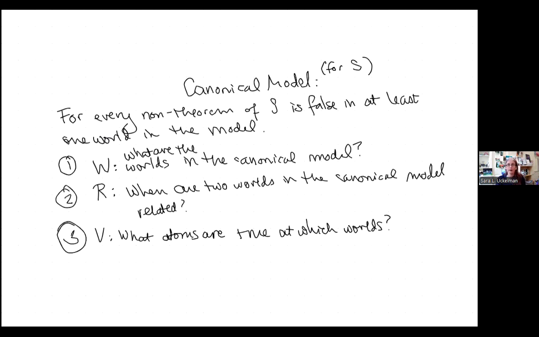Our roadmap is, first we will define what the worlds are, then we will define how they are related to each other, then we will define the valuation, and then we will show that for particular types of systems, this model has a specific property which allows us to prove completeness.